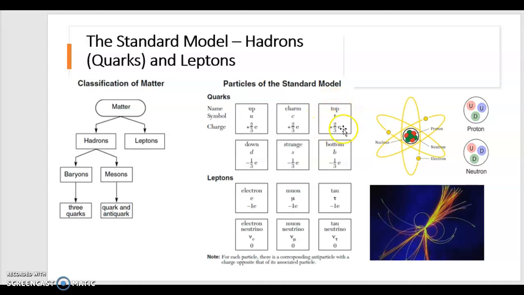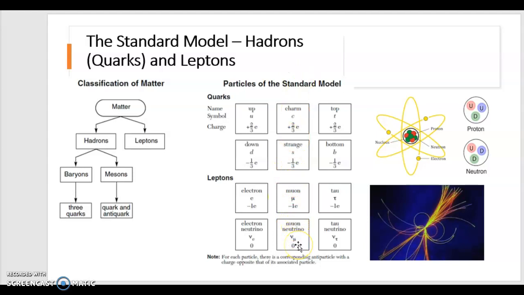So this is a larger, more massive version of the charm, and the charm is a bigger, more massive version of the up. Okay, so the up and the down are what we see every day. They make up our neutrons and protons. The charm you could think of as a bigger version of the up, and the top is an even bigger version still.